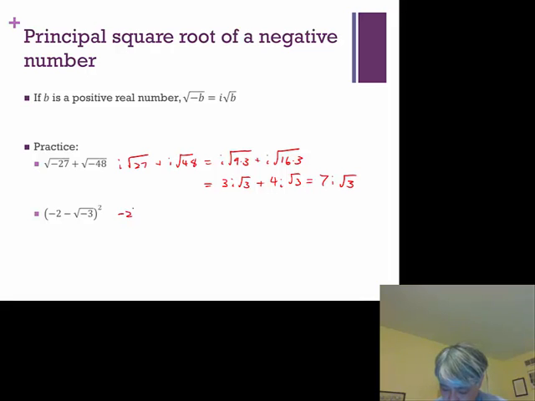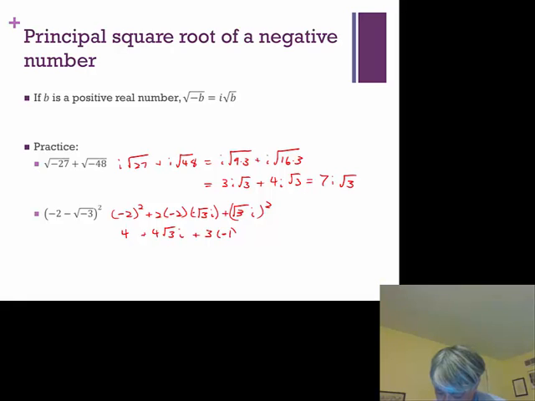In the case of the square down below, we can FOIL it out, or if you remember it, it becomes minus 2 quantity squared plus 2 times minus 2 times the square root of 3 times i, and then plus the square root of 3i quantity squared, which then becomes 4, plus 4 root 3i, plus the square root of 3 squared is 3, i squared is minus 1, so that becomes minus 3. The 4 and the minus 3 become 1, plus 4 root 3 times i.